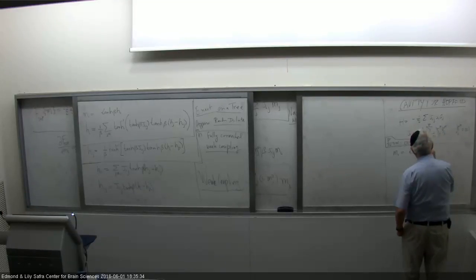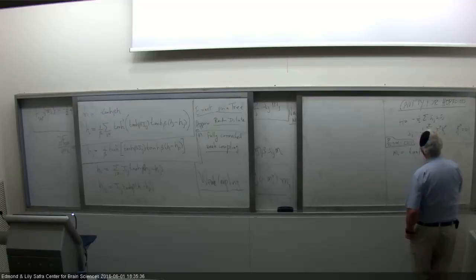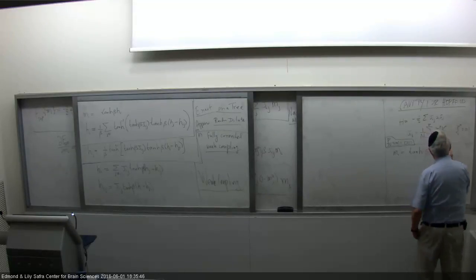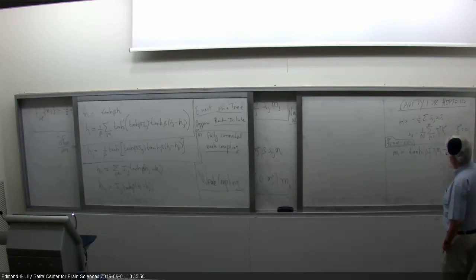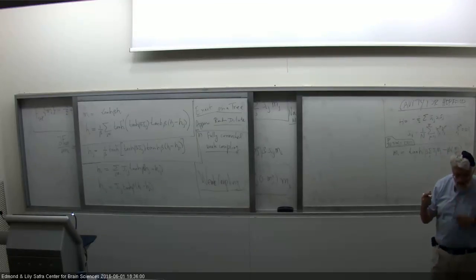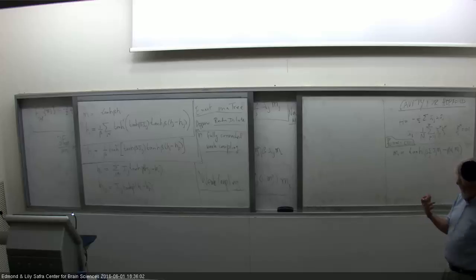We have seen that in general this will be the structure of beta times sum over j of J_ij m_j, and then we have to subtract beta times V_i m_i, and that V_i came from the variance of the cavity field.